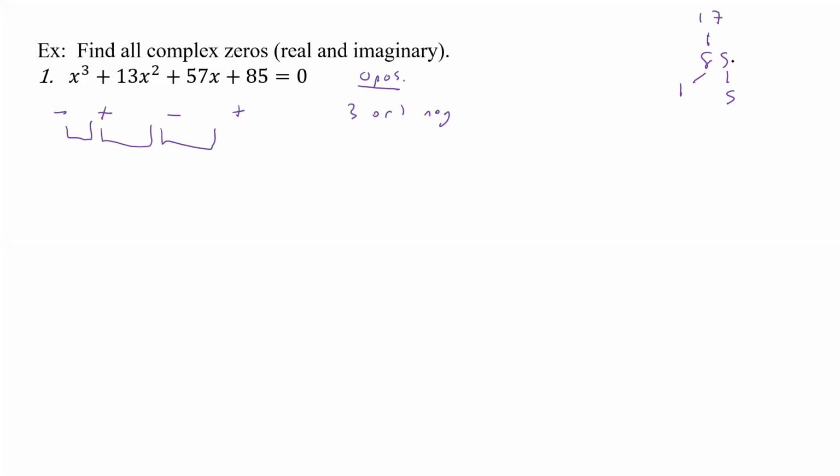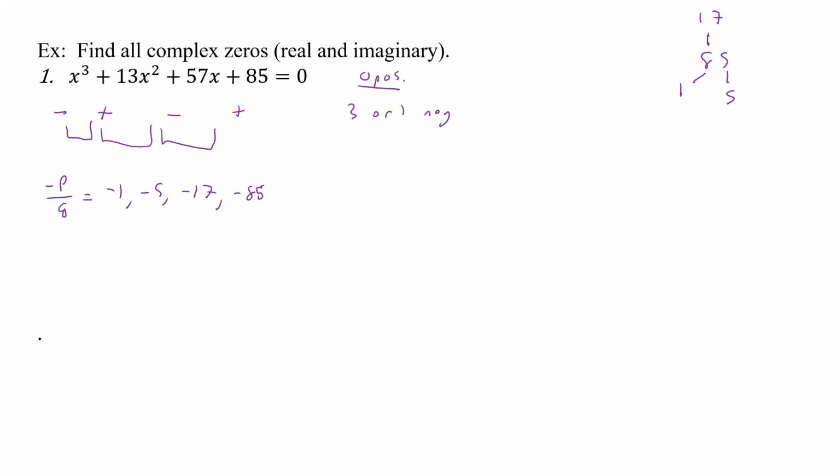So 1, 5, 17, and 85 might be our only possibilities. So we're only going to use negatives this time. Our negative p over q is going to be equal to -1, -5, -17, and -85.